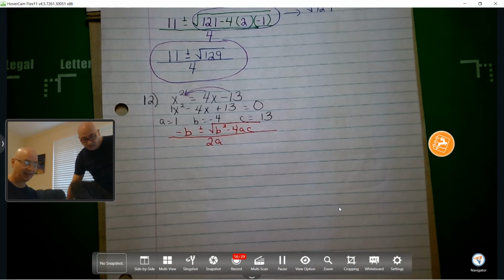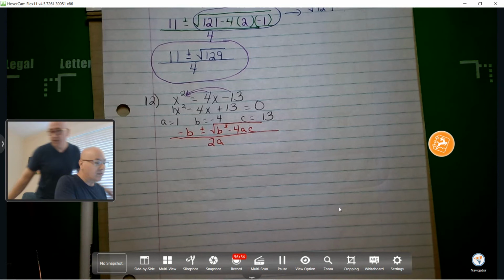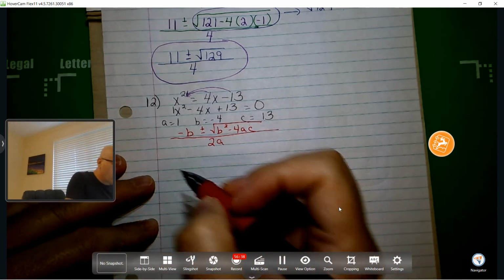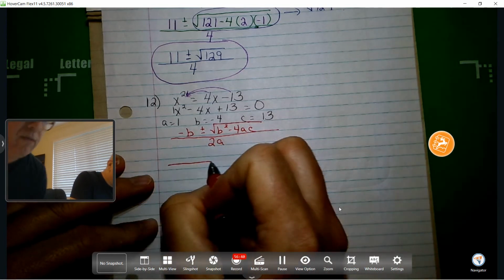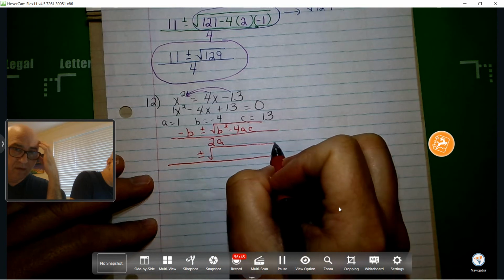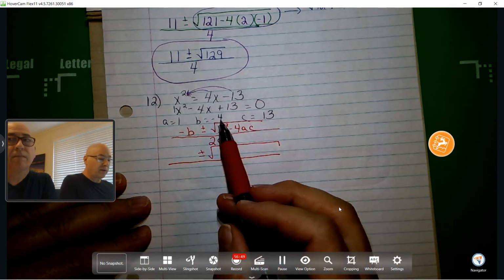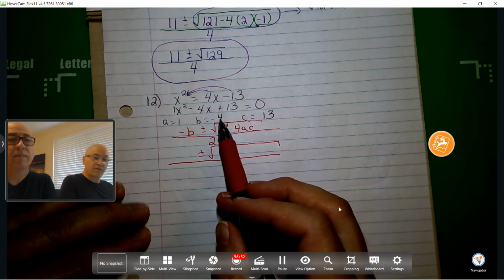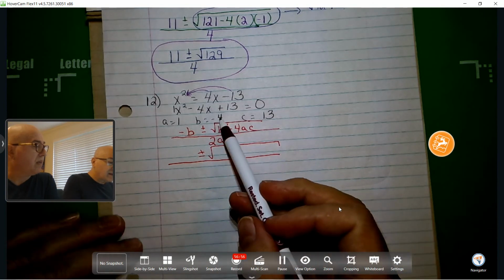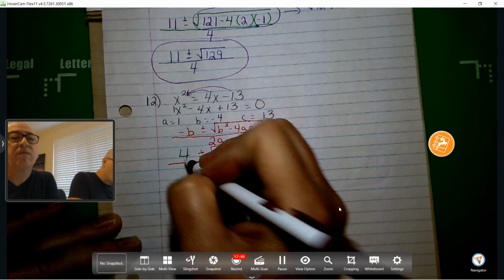So negative b, the opposite of negative 4 becomes a positive 4.